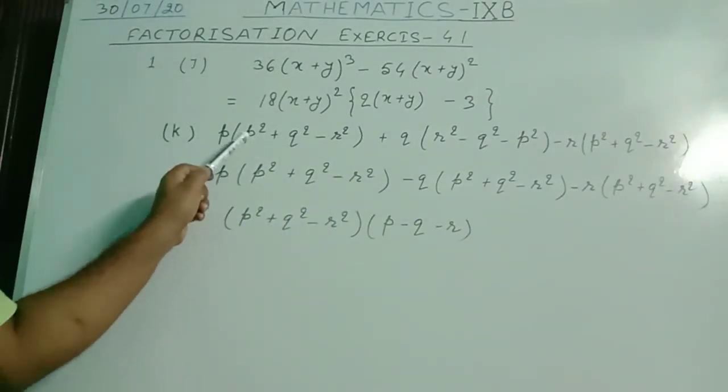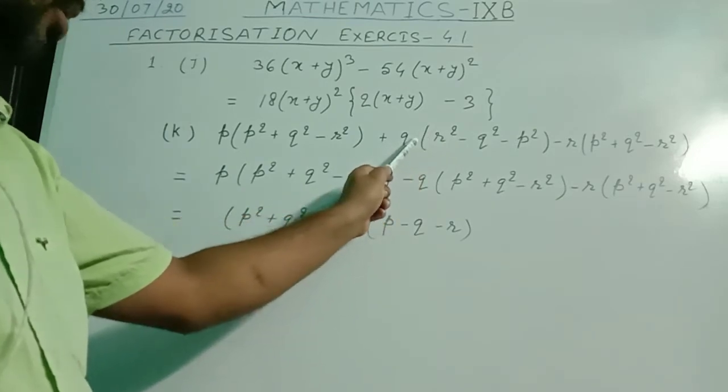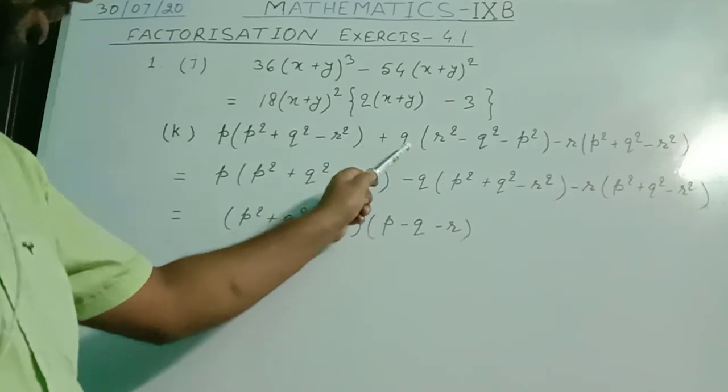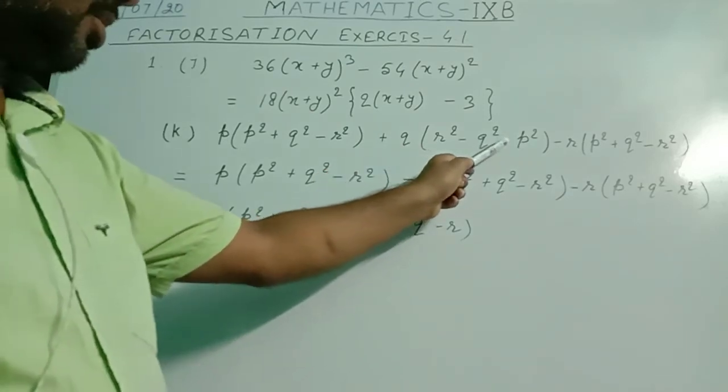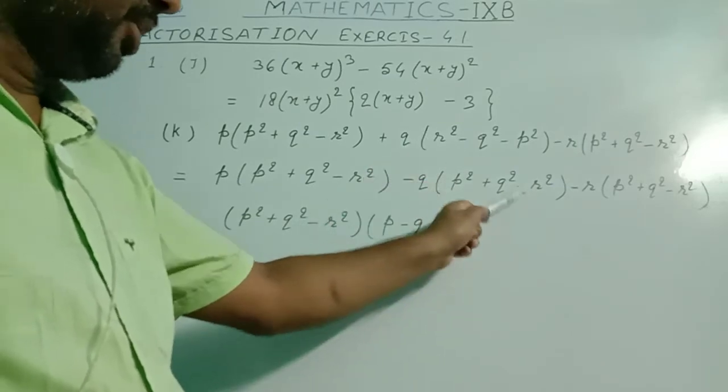I wrote the first term as it is here. As you take minus common, the negative signs change into positive, and positive signs change into negative.